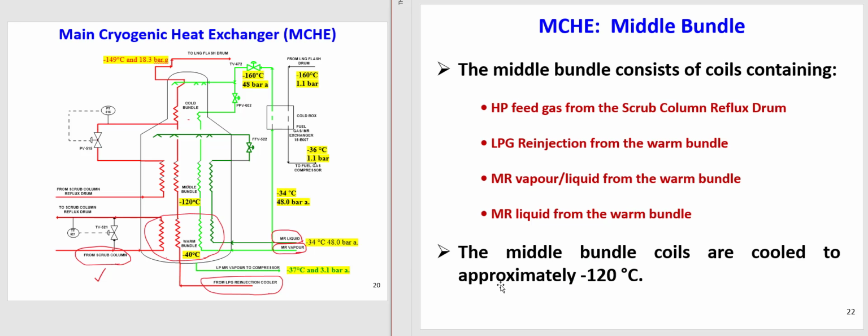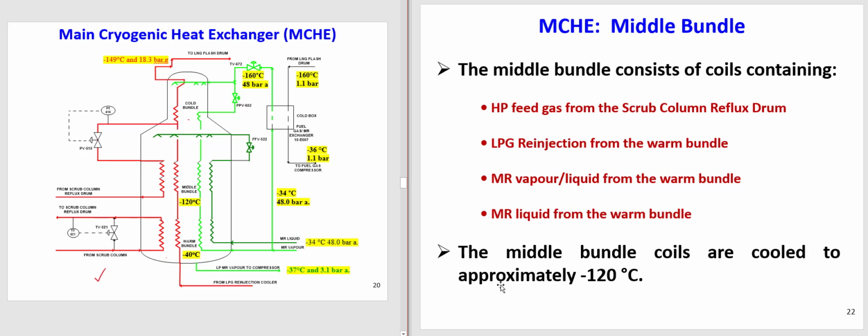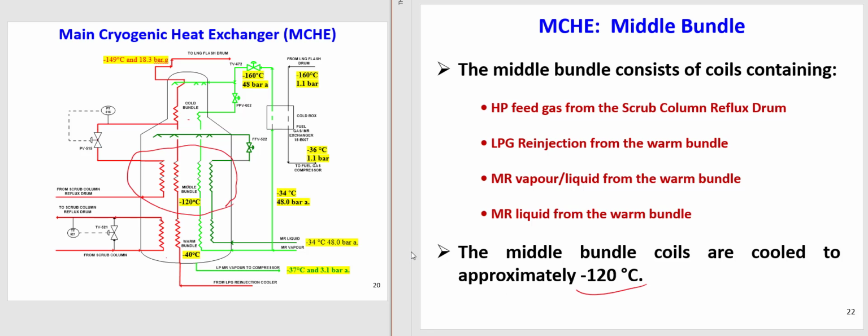Then we have the middle bundle. The temperature of the middle bundle is about minus 120. Again, we have 4 parts here: 1, 2, 3, 4. First, high pressure feed gas from the scrub column reflux drum.